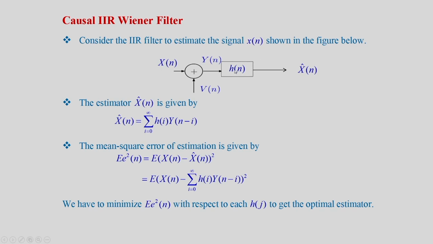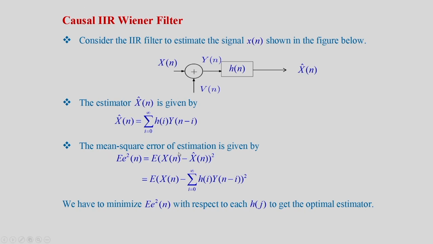There are an infinite number of coefficients from h0 to h infinity. The estimator x hat n is given by x hat n equals summation h_i y of n minus i, i going from 0 to infinity, because the h_i's are non-zero for i greater than or equal to 0.